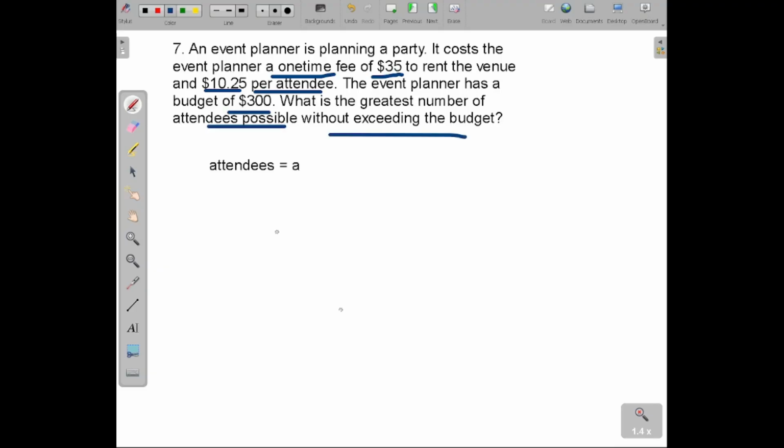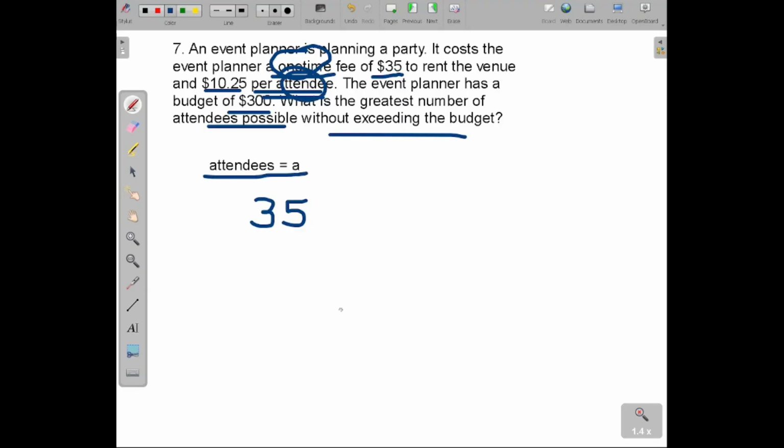So we have two fees, and those two fees cannot exceed 300. So the sum of these two fees, we have one that is 35, and it's just a one time, so once. But this 10.25 is per attendee. So that means that it varies according to the attendees.